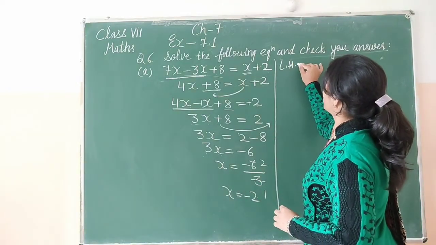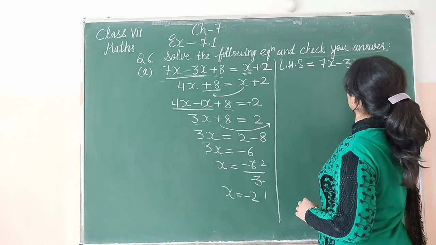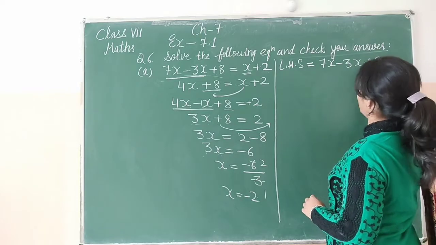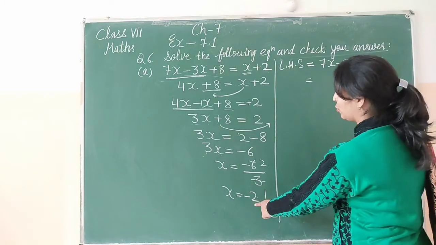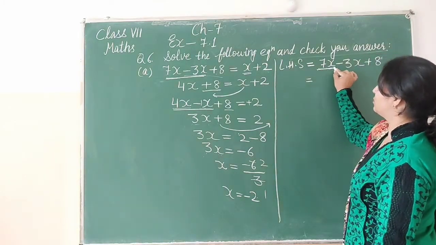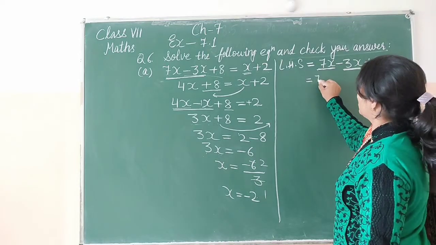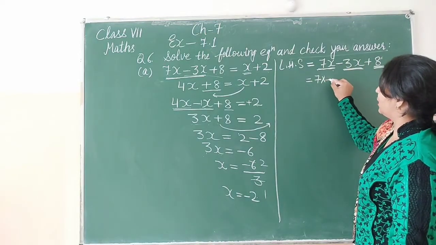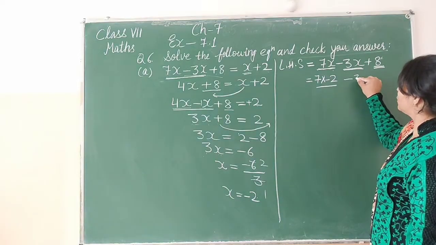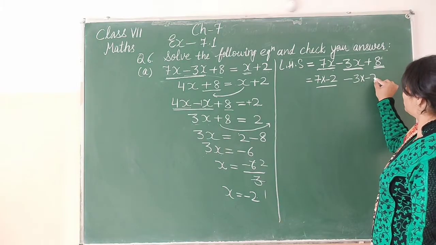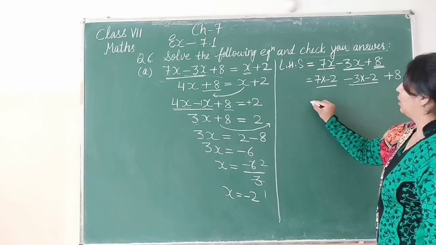Left hand side is 7x minus 3x plus 8. Now we have to put x is equal to negative 2. This is the first term, second term, third term. 7x means 7 multiply negative 2. This is the first term. Second term, negative 3 multiply negative 2. Second term plus 8.